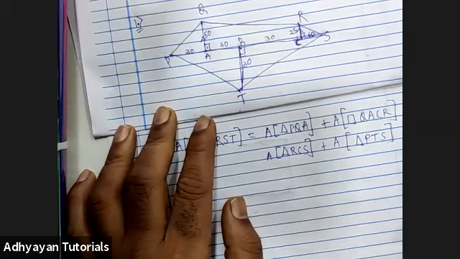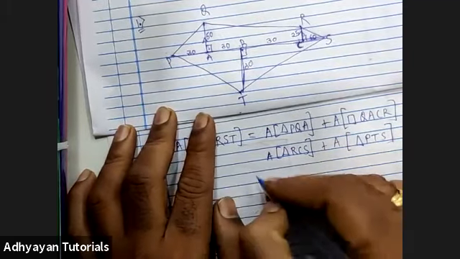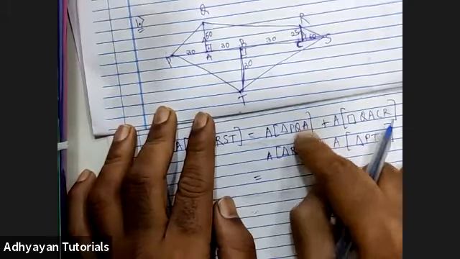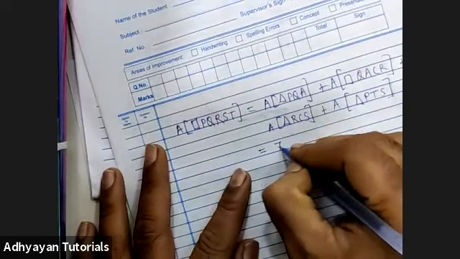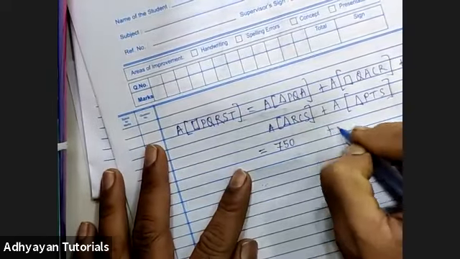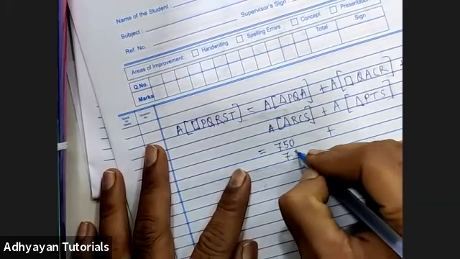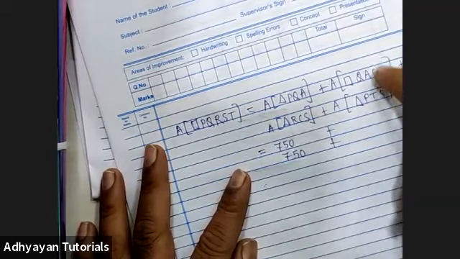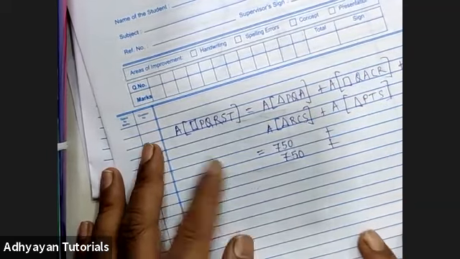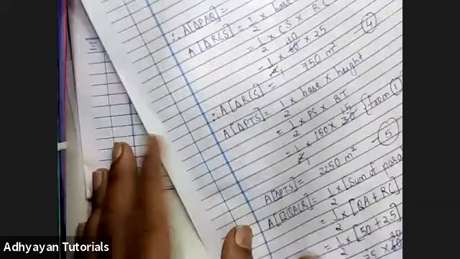Now I just have to substitute the values. So the value of PQA was 750. I remember the value of RCS is also 750, so I've just directly substituted it. We need to substitute these two values, the quadrilateral and the other triangle.